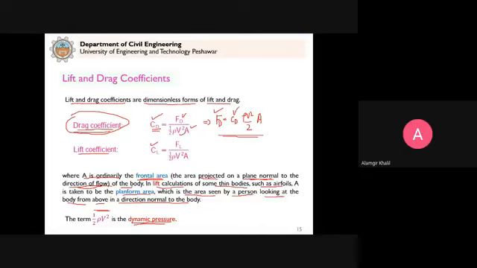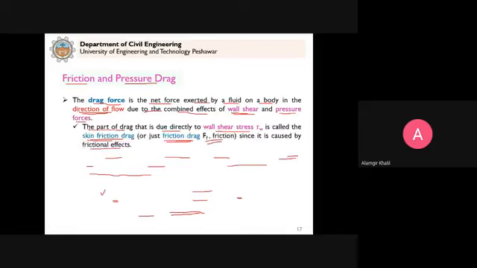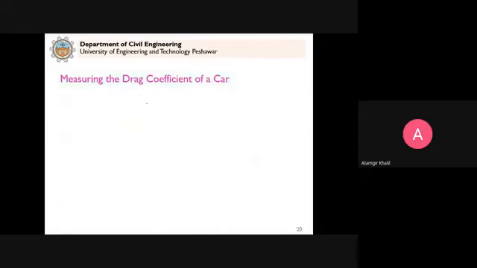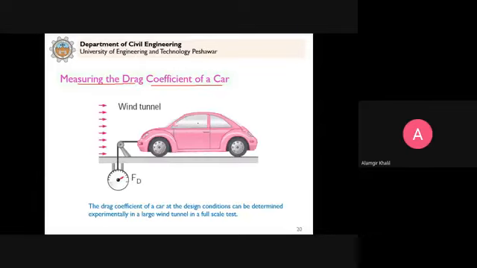And once we know the drag coefficients and the lift coefficient for different bodies, then we can directly use this formula to calculate the drag forces. So now we are looking at how to calculate this drag coefficient experimentally. So we consider an example. Clear? That is measuring the drag coefficient of a car. So what we do here is just an example.